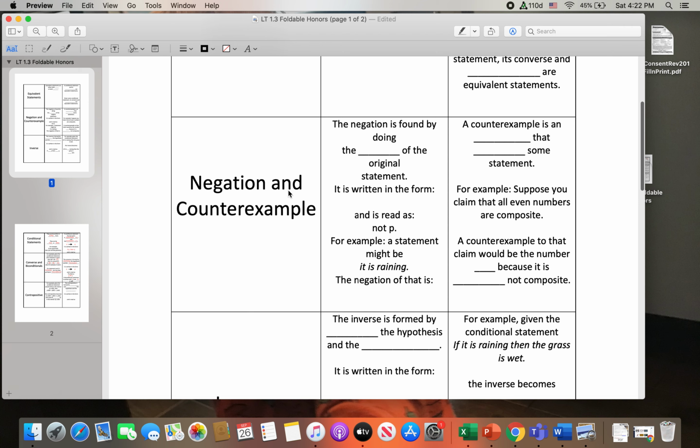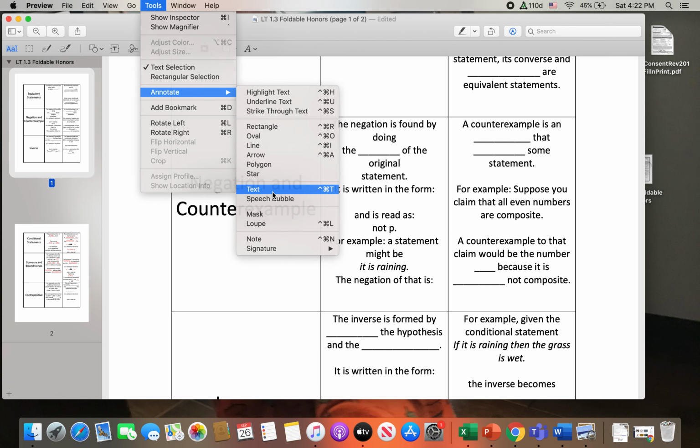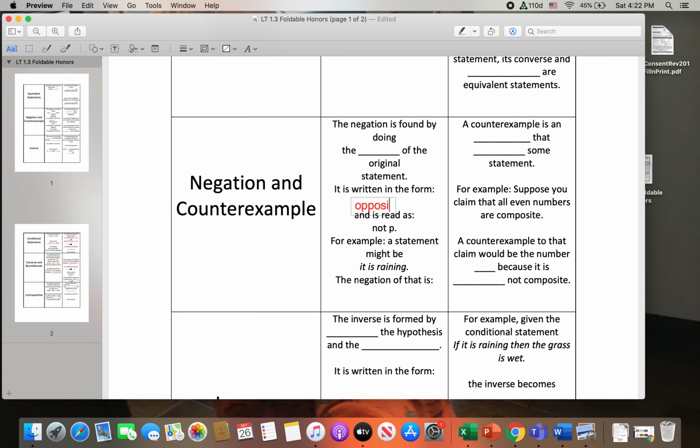Okay, now we'll go to the top and look at negating things. Negation is found by doing something to the original statement: doing the opposite of the original statement.